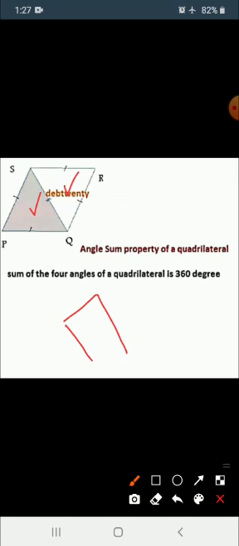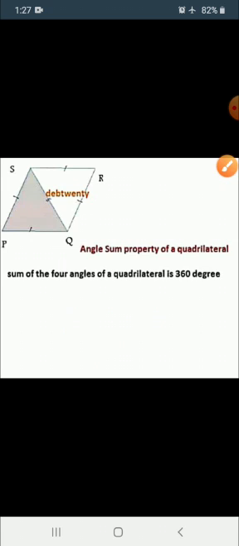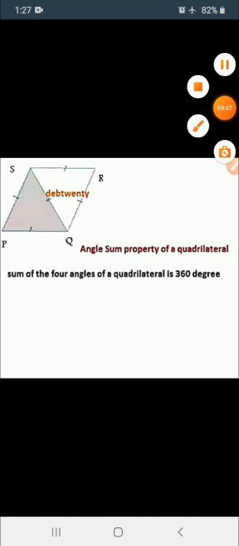Take any figure of a quadrilateral, for example, if you have taken a figure like this, it can be divided into two triangles. So 180 is one triangle and the other triangle's angle sum is 180. In total if you add, you will get 360 degrees. So always the sum of the four angles of a quadrilateral will be equal to 360 degrees.